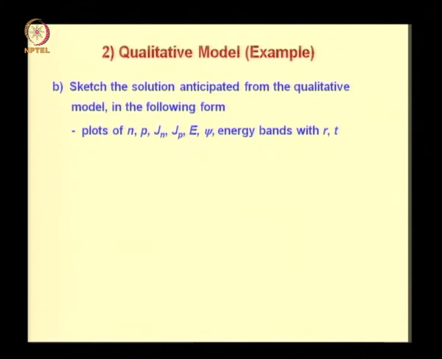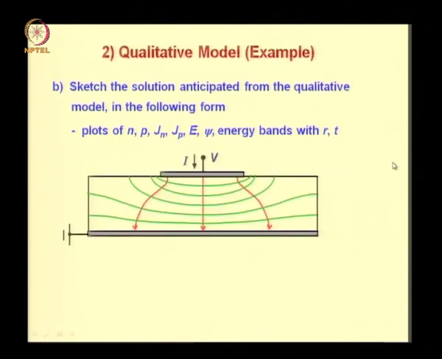Let us go to the next step, that is sketching the solution anticipated from the qualitative model in the form of plots of carrier concentrations, current densities, electric field and potential and energy bands.